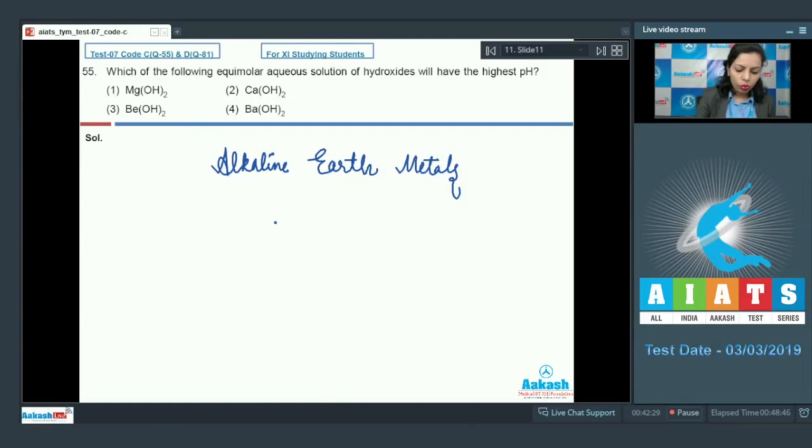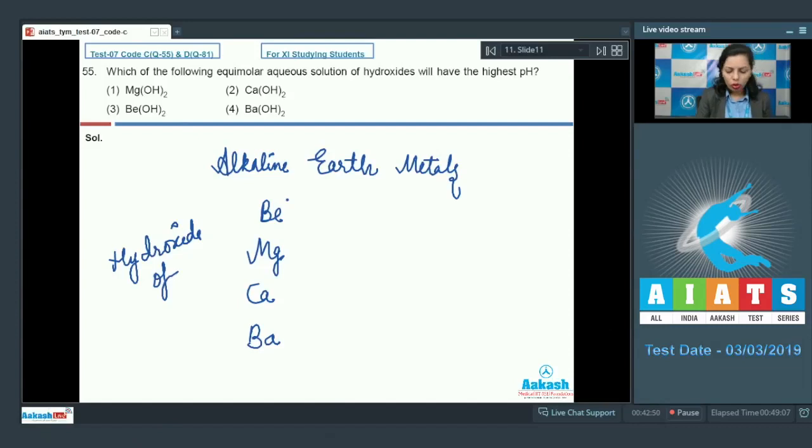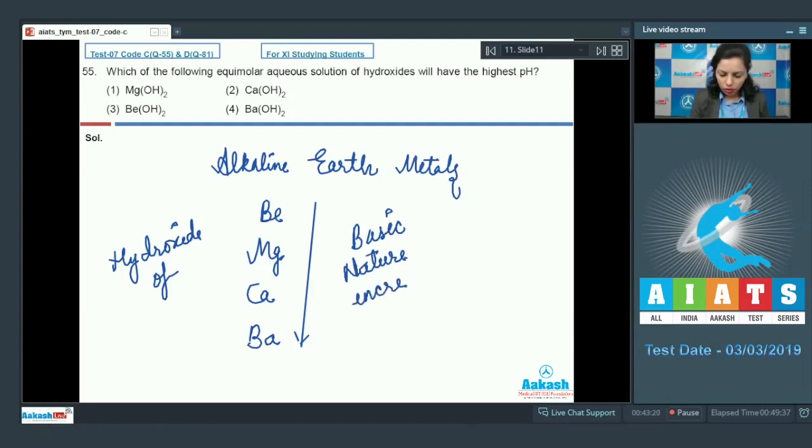And we know that if you move down the group, beryllium, magnesium, calcium, and barium, and if we consider the hydroxides of all of these, then definitely as you move down the group, the basic nature increases.